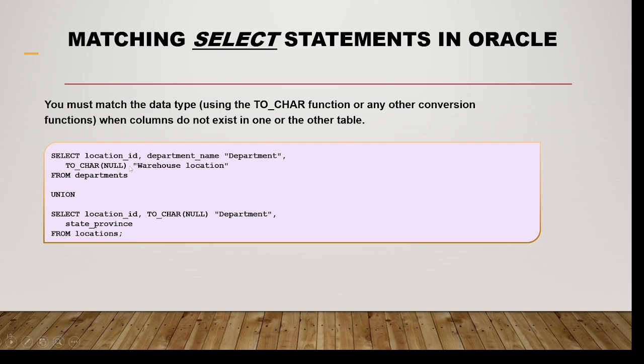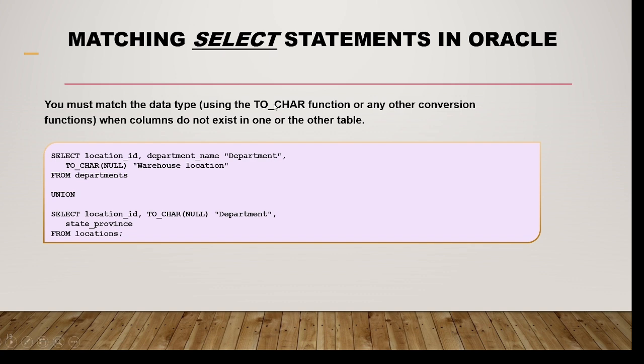Now if we take this example, the name warehouse location is given as the dummy column heading, and the TO_CHAR function is used in the first query to match the VARCHAR2 data type of the state province column that is retrieved by the second query.